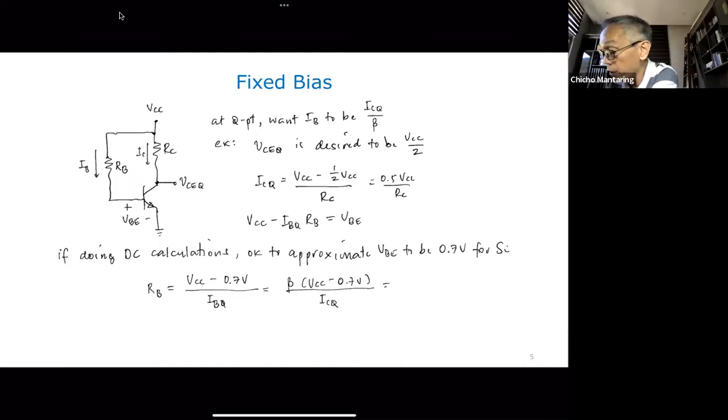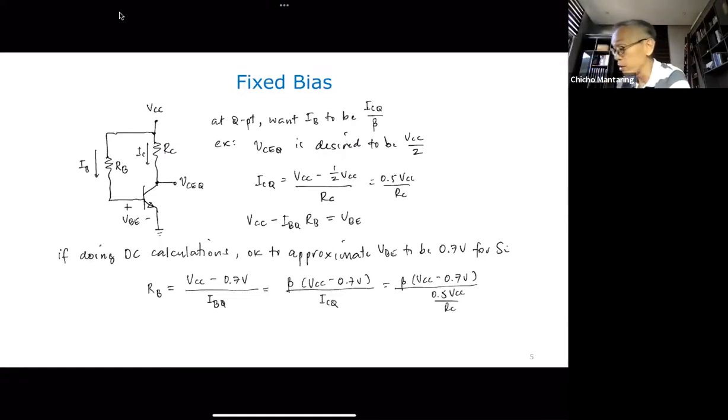So in our particular example, we said that ICQ is 0.5 VCC over RC. So this is beta times VCC minus 0.7 volts over 0.5 VCC over RC.